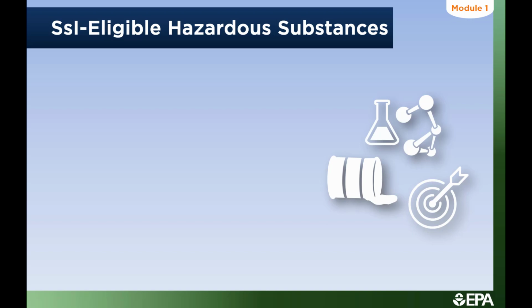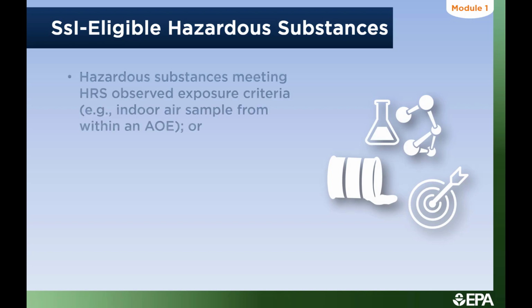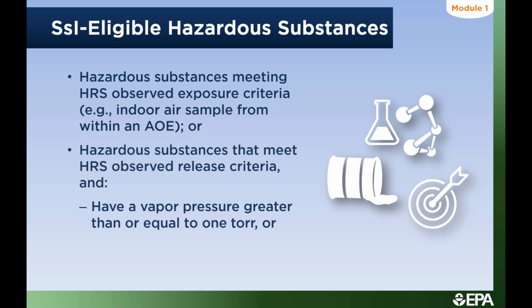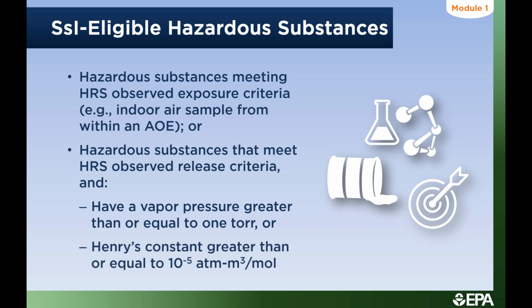However, additional criteria must be met for a hazardous substance to be eligible for an SSI component evaluation. That is, a hazardous substance must either meet observed exposure criteria or meet both observed release and certain volatility criteria, which are determined using a substance's vapor pressure and Henry's law constant value.